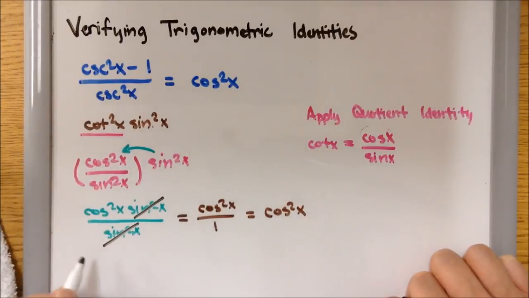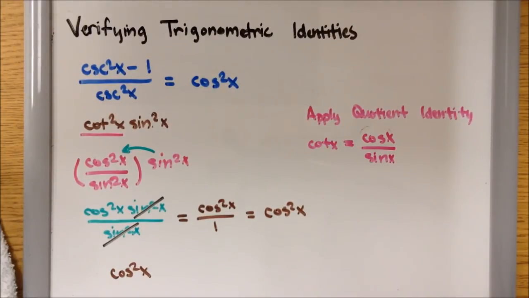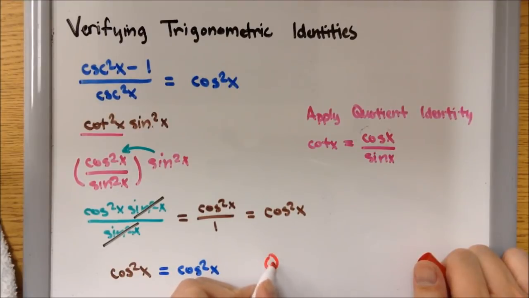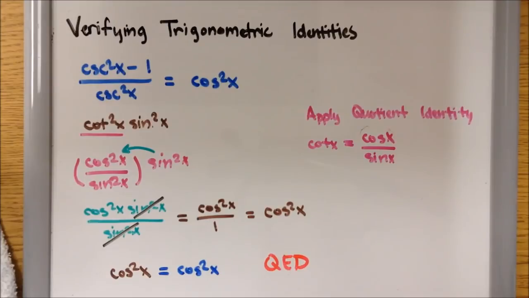So we did the left side, which is cosine square x, and it is equal to the original answer that was given from the beginning. So once you do that, that's pretty much it. And as higher math classes would do, this is what they would write, saying that this is the end of their work, QED.